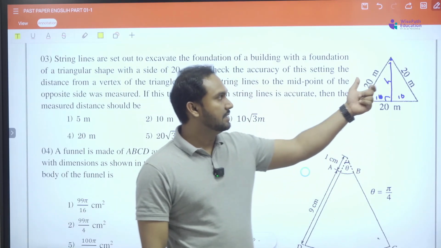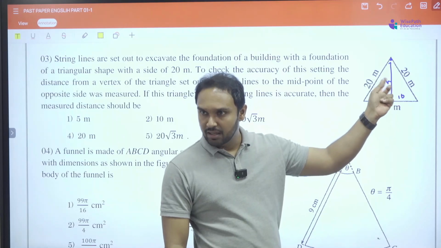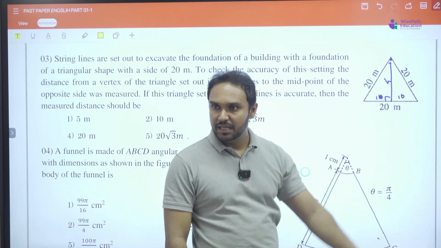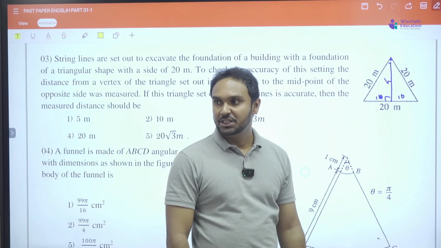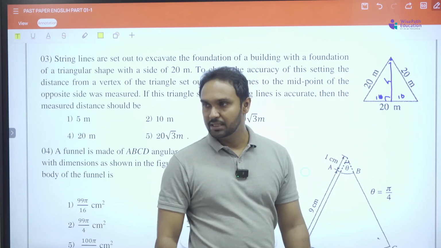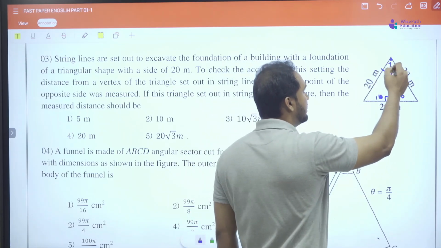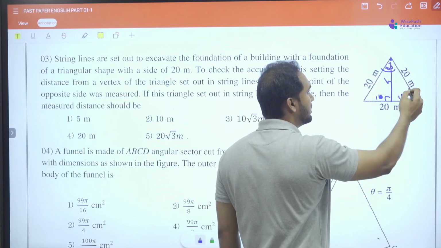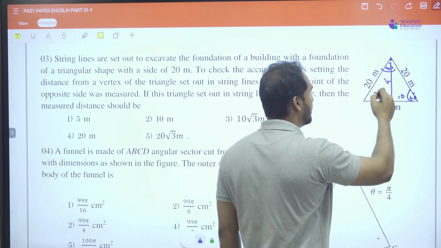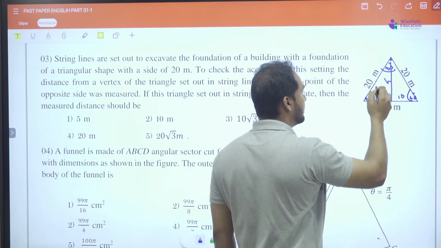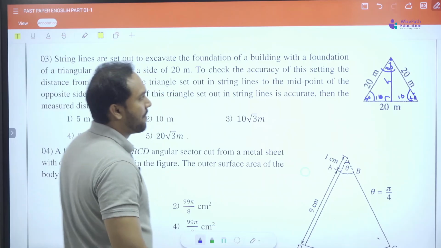So if this is an equilateral triangle, all the angles should be equal, and 60 degrees, right? All the angles are 60 degrees. Now what should you do?